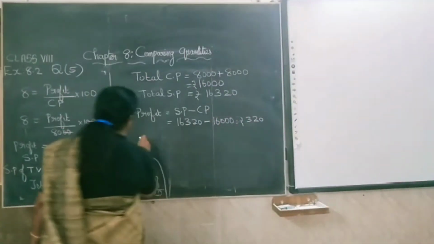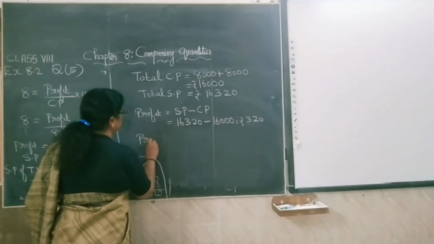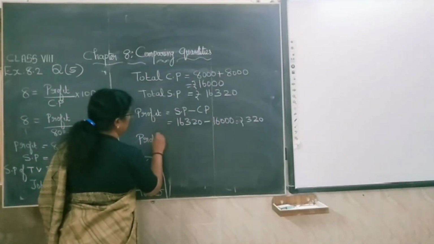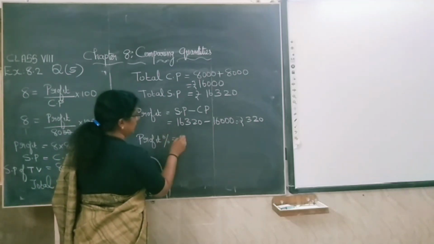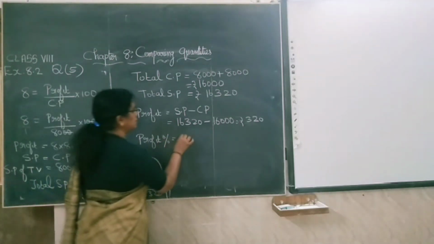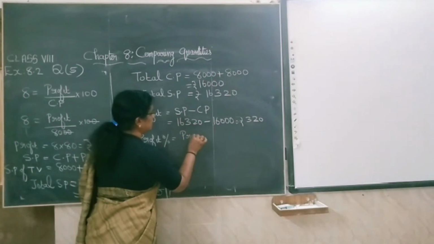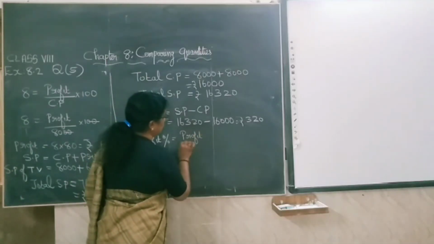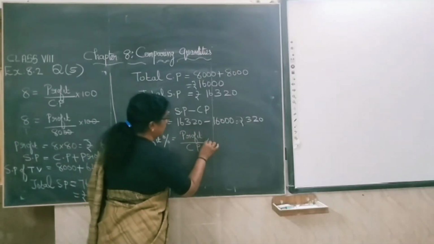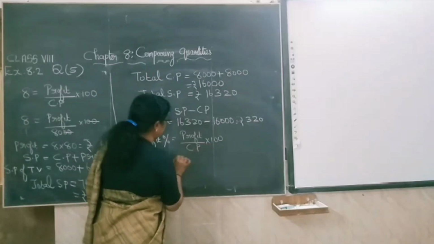So next we can write profit percentage. Profit percentage, again the equation, that is profit by cost price multiplied by 100.